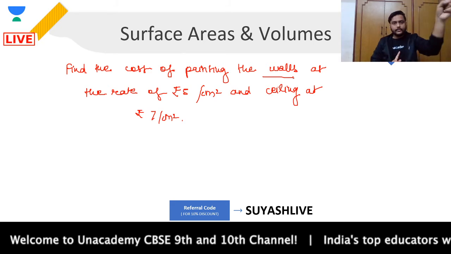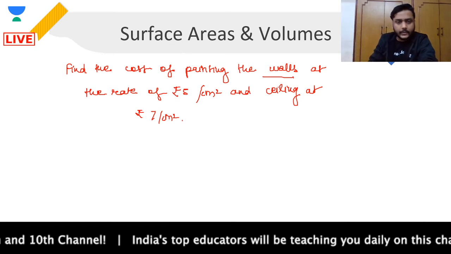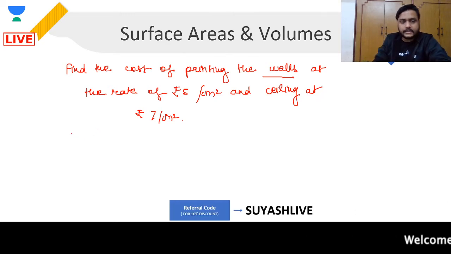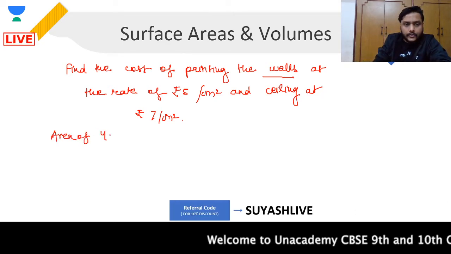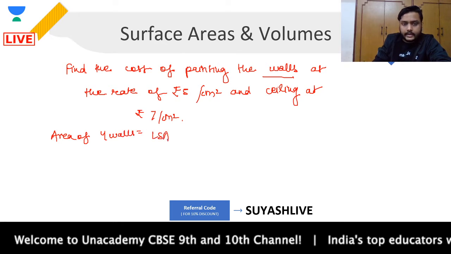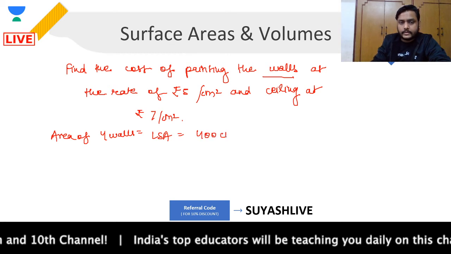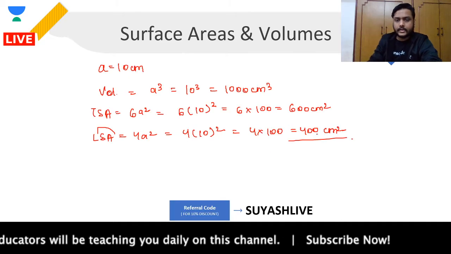We have exactly 4 walls, and the total area of these 4 walls is exactly equal to the lateral surface area. So I will simply say area of 4 walls is equal to LSA, lateral surface area, and that is nothing but 400 centimeter square. Are we clear?